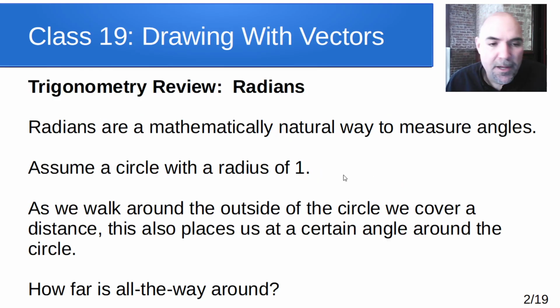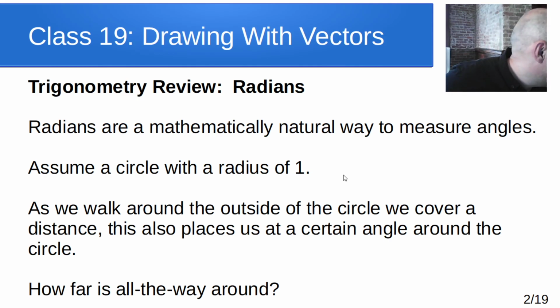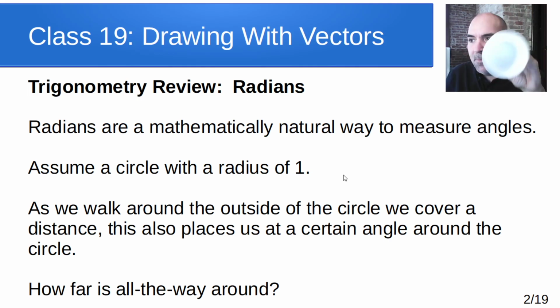Quick review. Radians are a way of measuring angles based on a circle with radius 1. So if we have a circle with a radius of 1, and let me get a little prop, a Domino's cup. So here's a circle, radius of 1 unit.